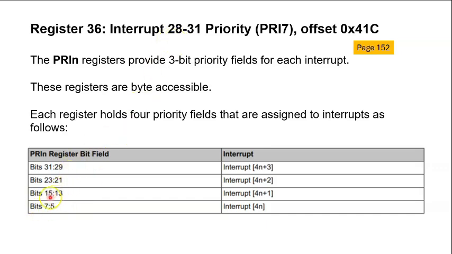Then 13 to 15, another 3 bits, is for interrupt 29, then 21 to 23 is for interrupt 30, and 29 to 31 is for interrupt 31. So 3 bits are assigned for each field. One of these is a field, right? So there are 3 bits in each field.